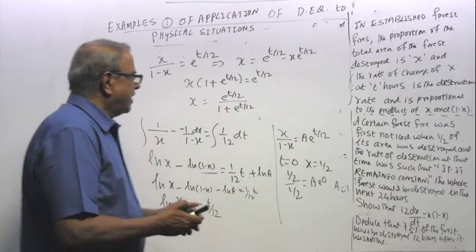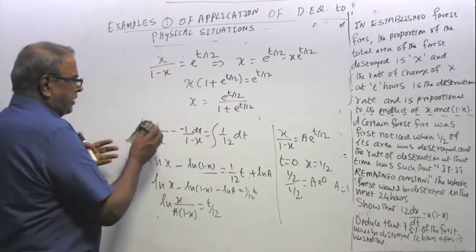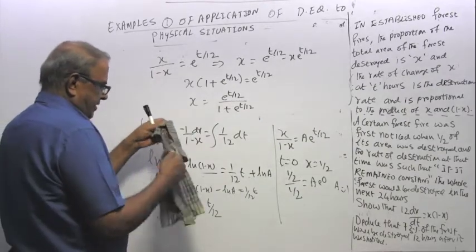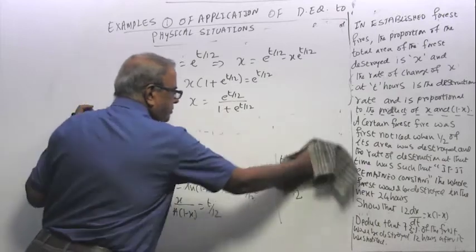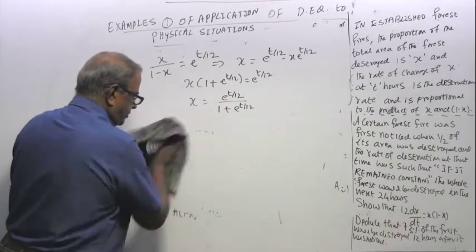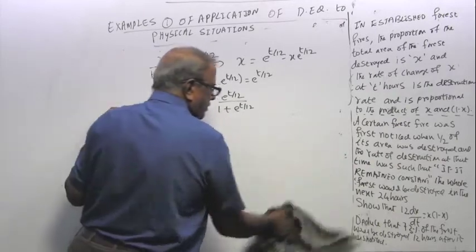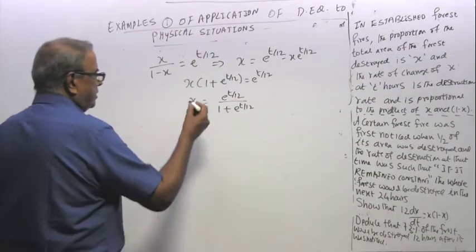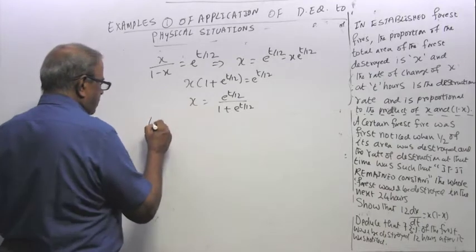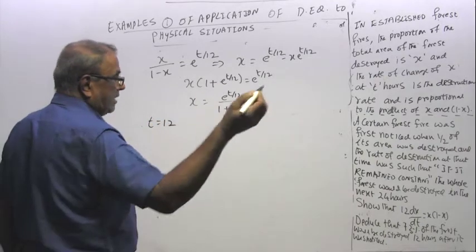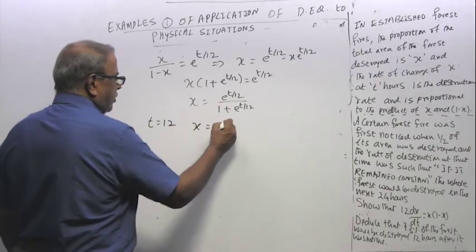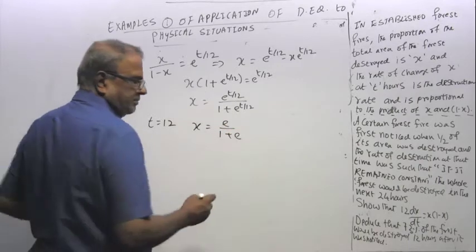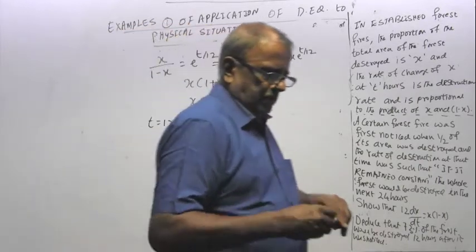So to avoid that, and there's a reason why, because I want to deduce something from there, which is very interesting. Now put t equal to 12, for 12 hours. So x equals e over 1 plus e. What is e over 1 plus e?